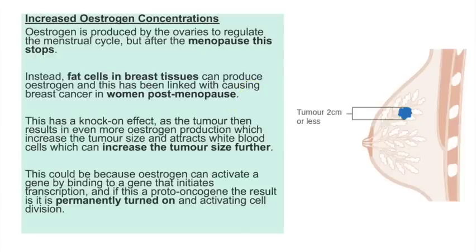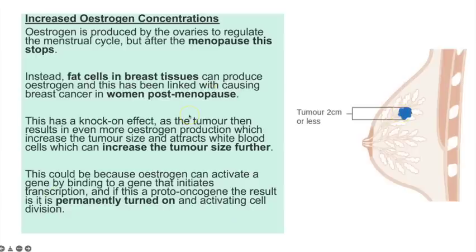We looked at earlier how estrogen is a molecule that can bind to receptors on transcription factors. So if that happens to a transcription factor involved in cell division, for example, a transcription factor that can bind to the DNA of a proto-oncogene, that would mean that particular gene is permanently turned on, activating cell division within the breast tissue.